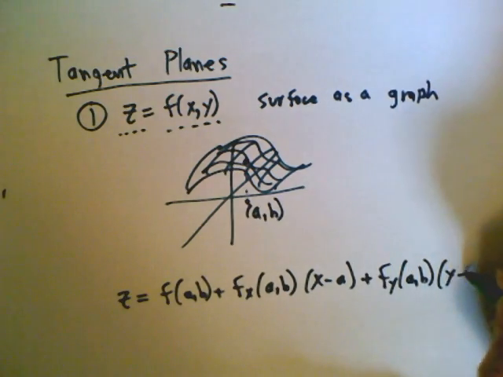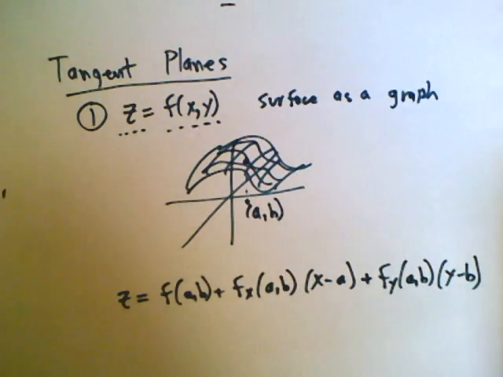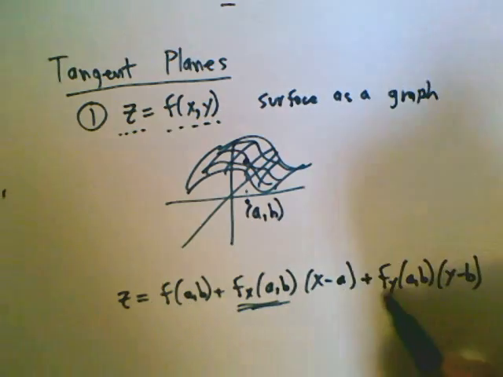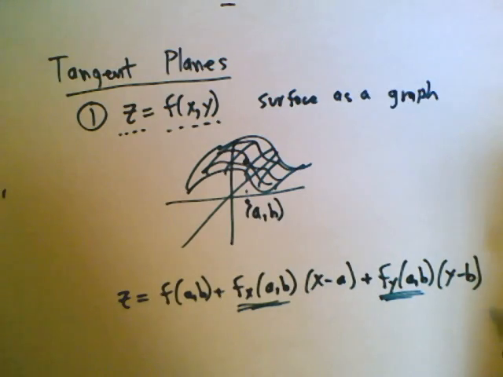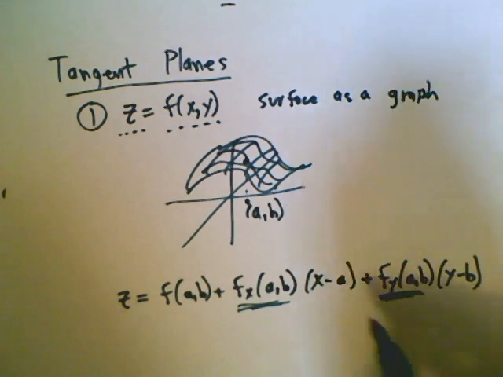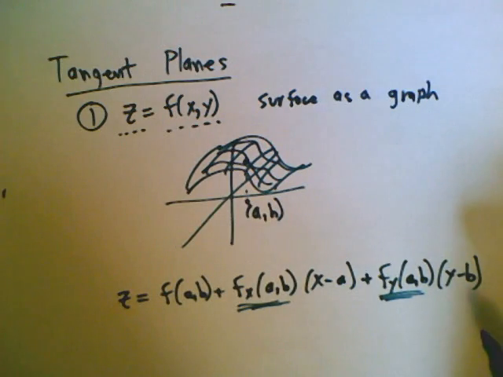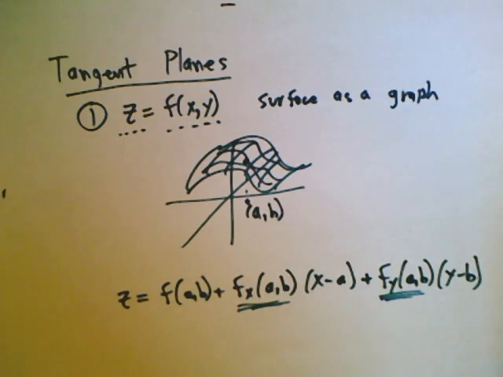So that's where the partial derivatives come in as we would expect for any kind of tangent linear approximation. And they come in as an analog of the tangent line to a graph in one dimension. So that's what we already have seen.